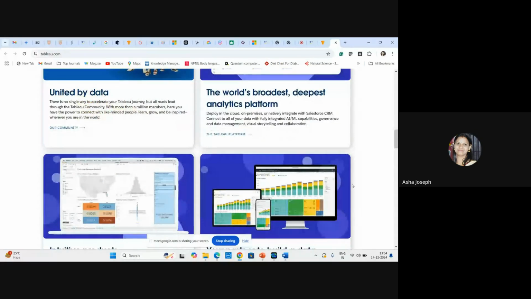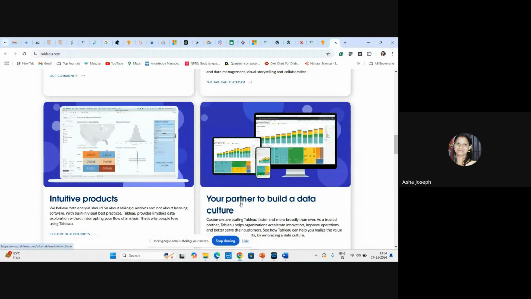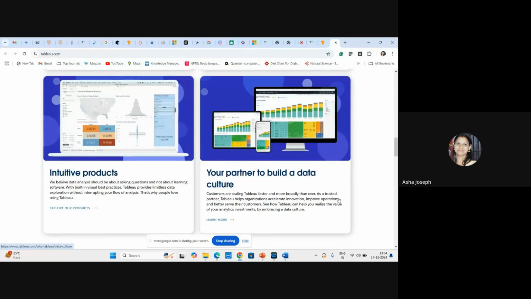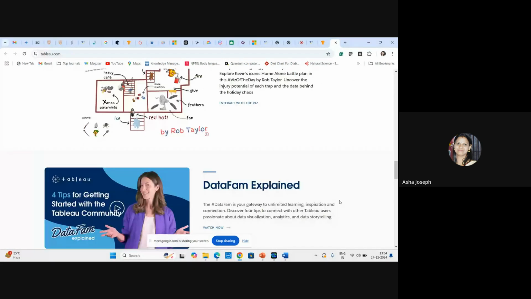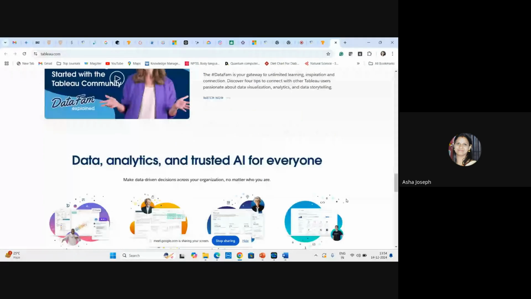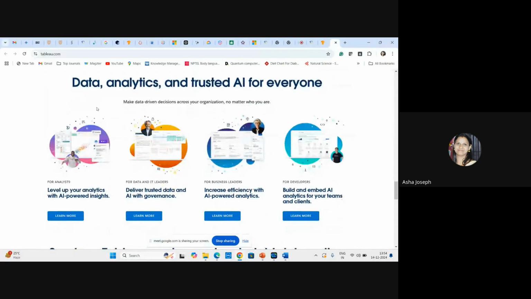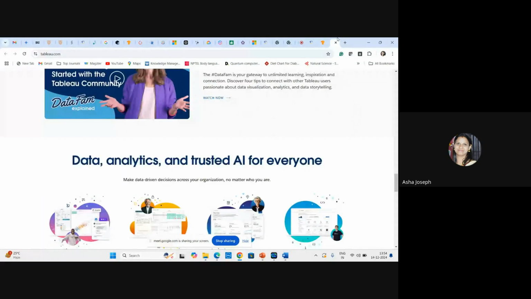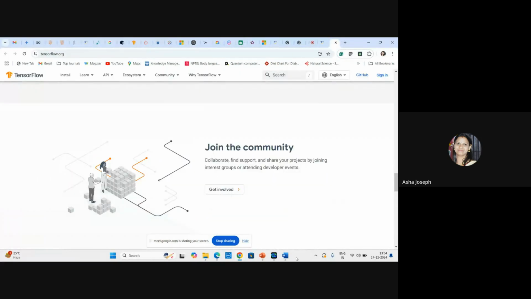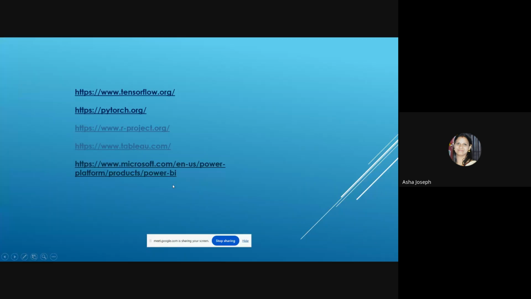Whenever you want to build a data culture with products and graphical interfaces, you can use Tableau, and whenever you want to do data engineering or data analytics. This is one of the trusted AI tools for everyone. Then we can see how Tableau is made use of.